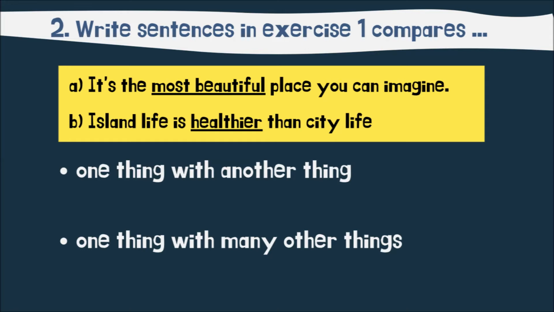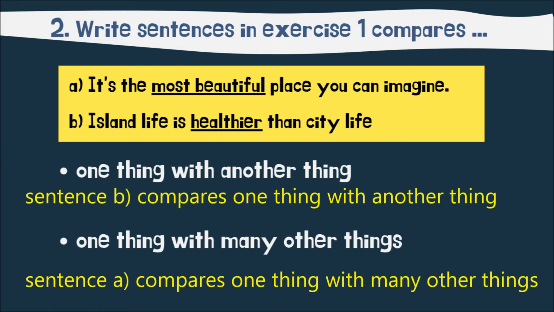So, for question, one thing with another thing, the answer is B. Okay. B compares one thing with another thing. Okay, while A compares one thing with many other things. Okay, remember, if we compare between one thing with another thing, we use comparative.